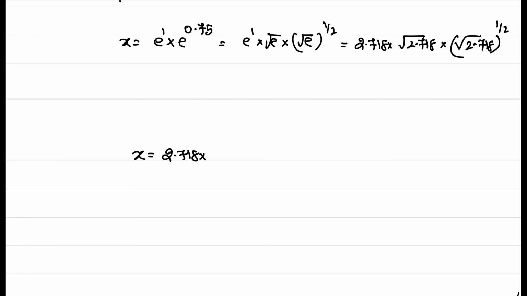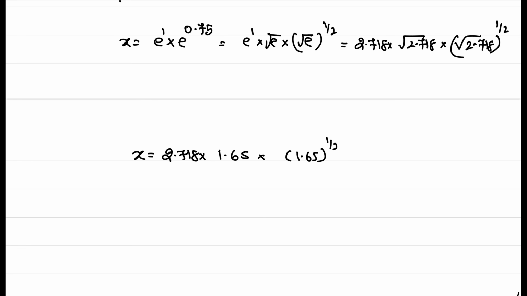2.718 into 2.718 is how much? Square root of 2.718 approximately: 1.5 into 1.5 is 2.25. We require 2.7; 16 into 16 is 256, that is 2.56. So approximately it can be 1.65. We are doing only approximately because we want to solve it without a calculator. 1.65 to the power of half.